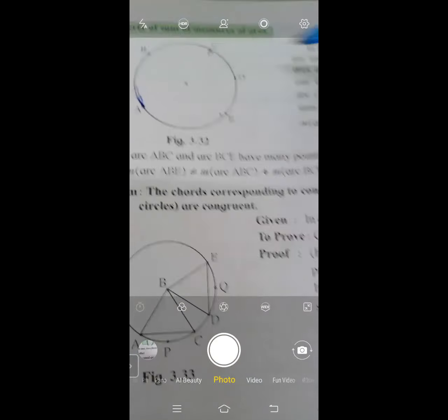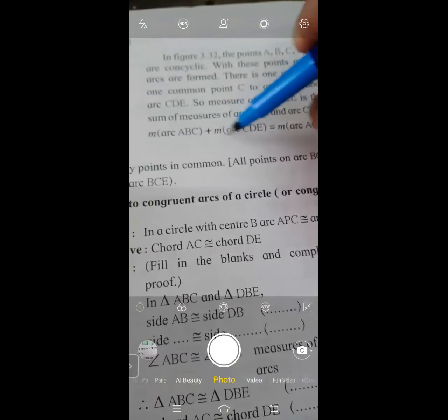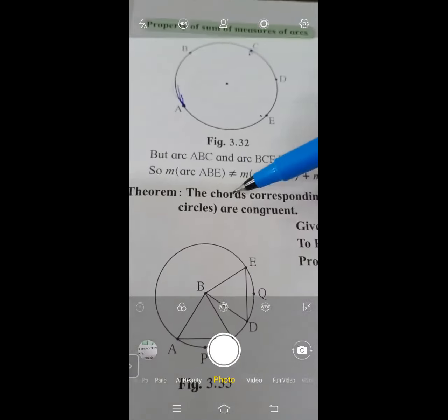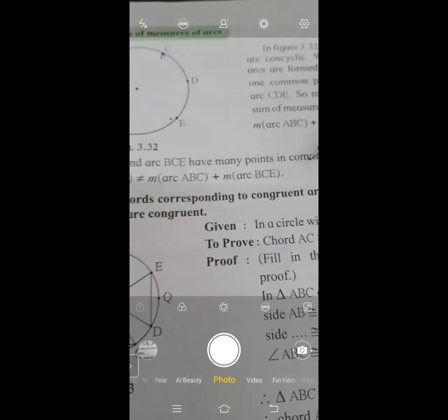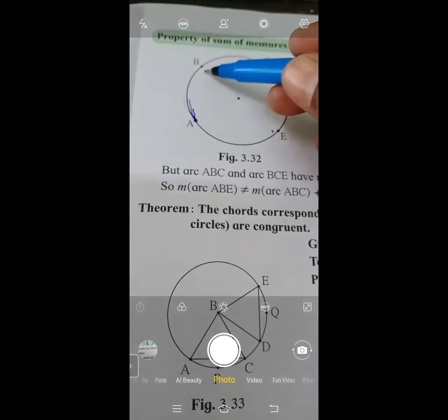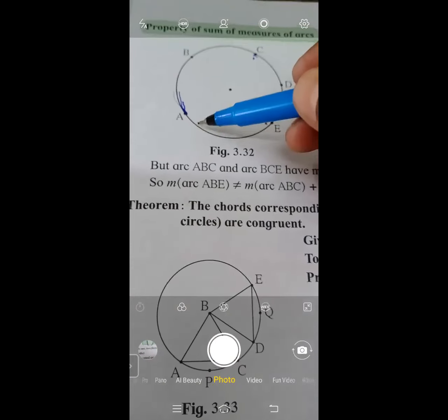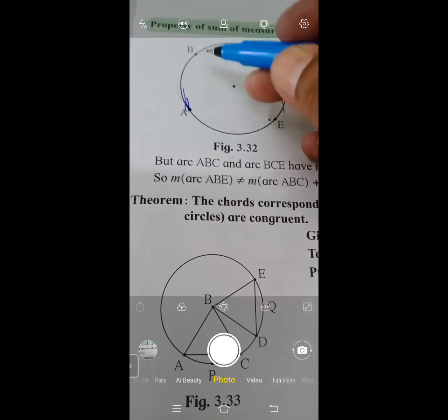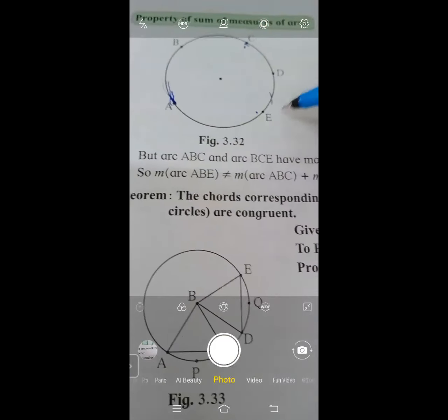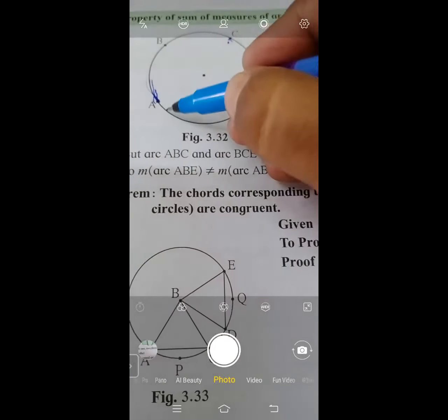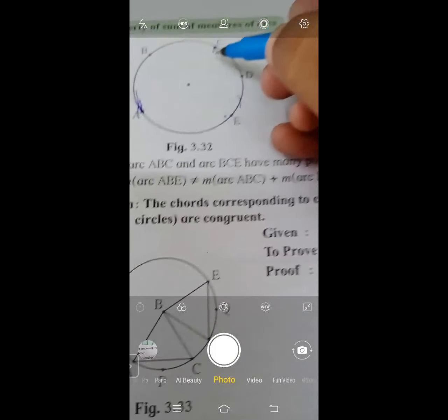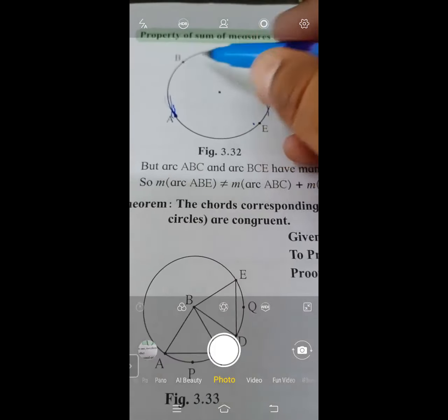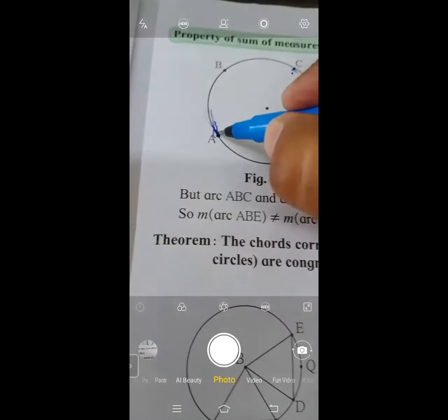C we took as common for our first statement. Now we just changed the point. They have many points in common, we took B. The middle vertex is changed. A, B, E is not equal to arc ABC, A, B, C, plus what they have taken, B, C, E. So you can't take the two vertices again.